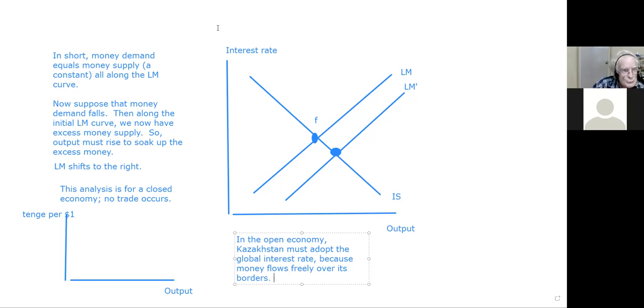So now, in the open economy, the IS function is not downward sloping, it is upward sloping. The reason is that higher exchange rates reduce the dollar cost of the tenge for people with dollars, so they are buying more than before from Kazakhstan.